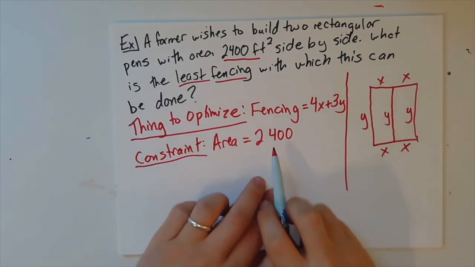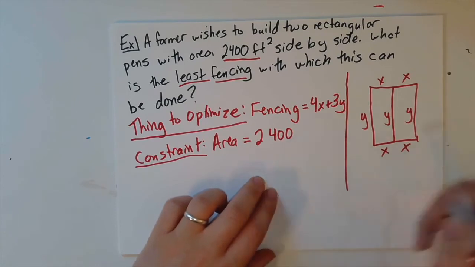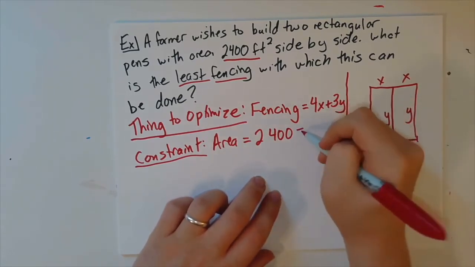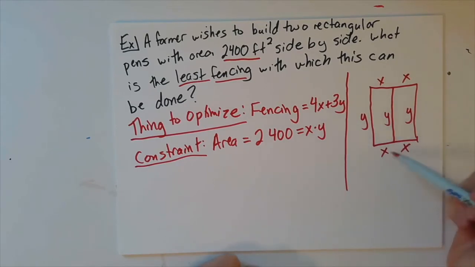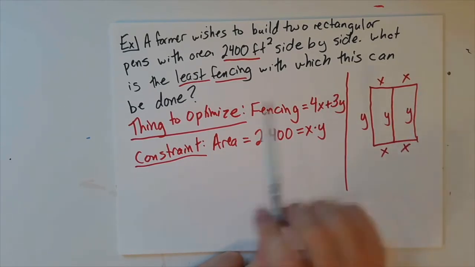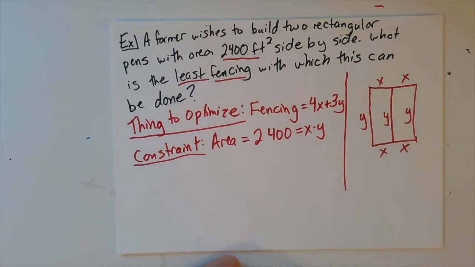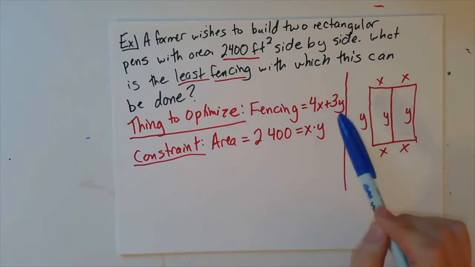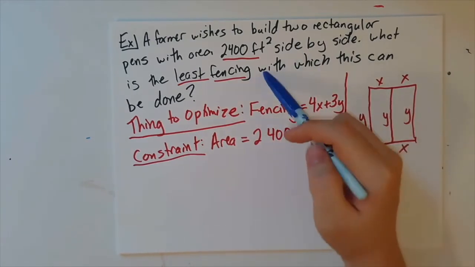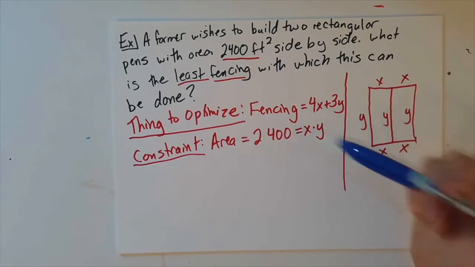Remember, that's the area each pen has to be, so that's just x times y. The total area would be 2x times y, but that's not what I was given. I was given the area of one pen. Okay, so this is my setup as before, where here's my constraint, and here's my thing to optimize. But you have to be careful to read the question to make sure you know which of these is which.